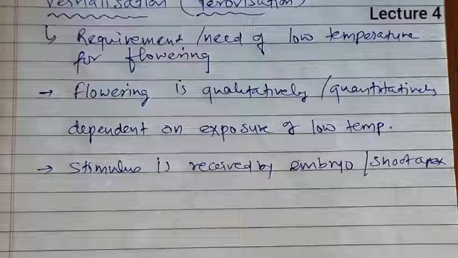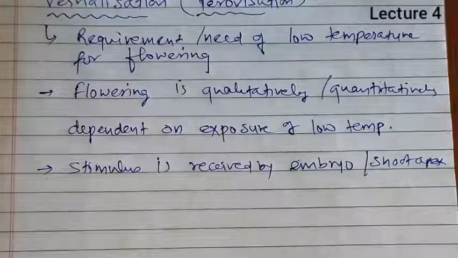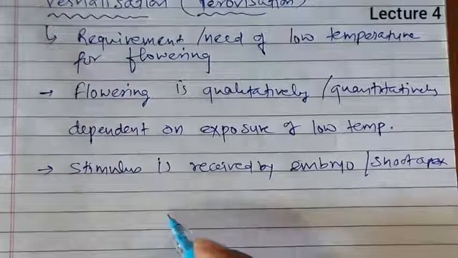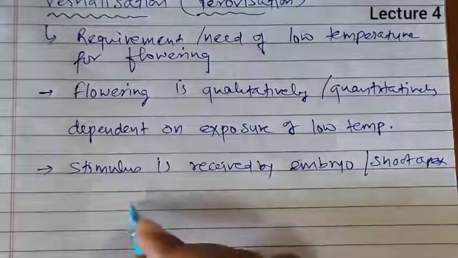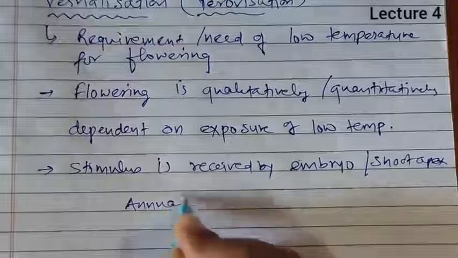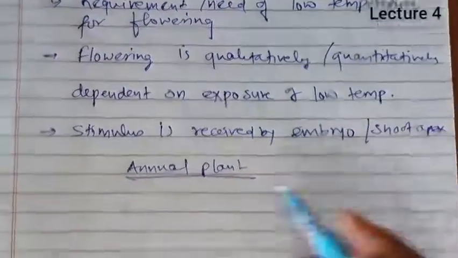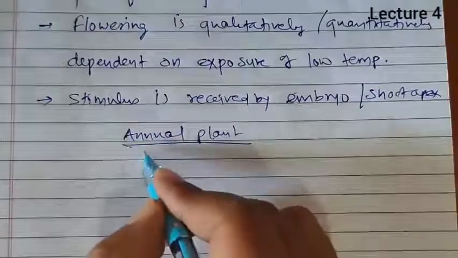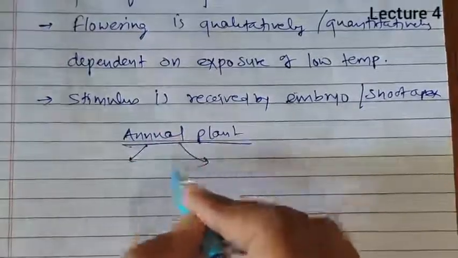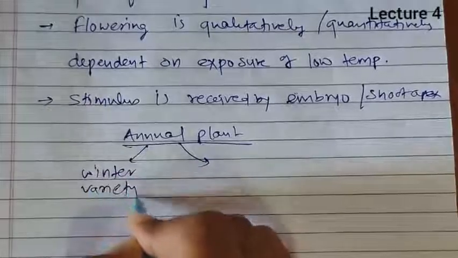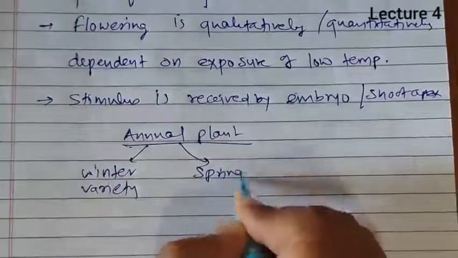Here the mature embryo or shoot apex receives the stimulus. Now there can be an annual plant and a biennial plant. Annual plants complete their lifespan in 1 year or 1 season. Now there can be two types of variety, that is winter variety and spring variety.